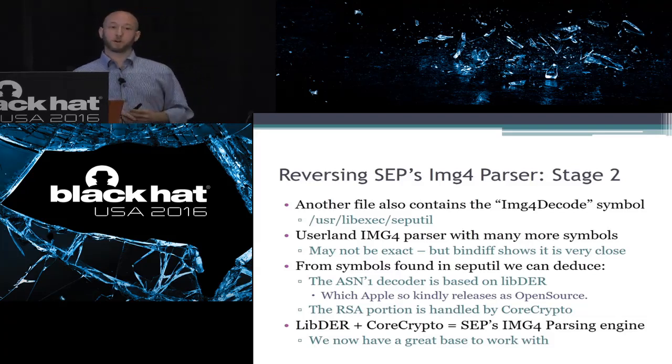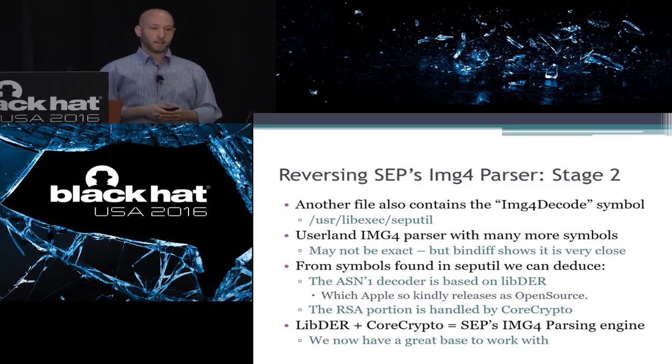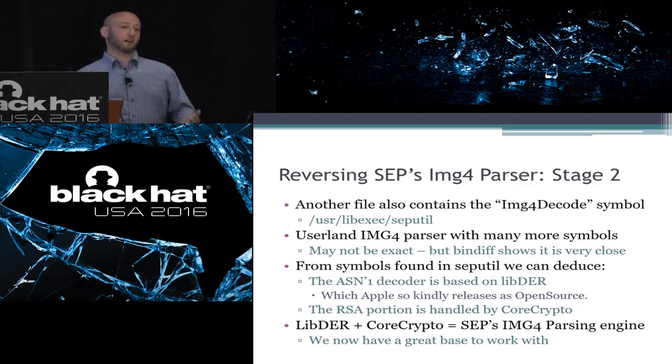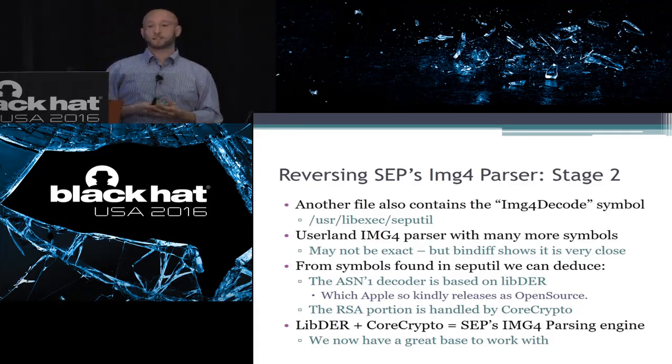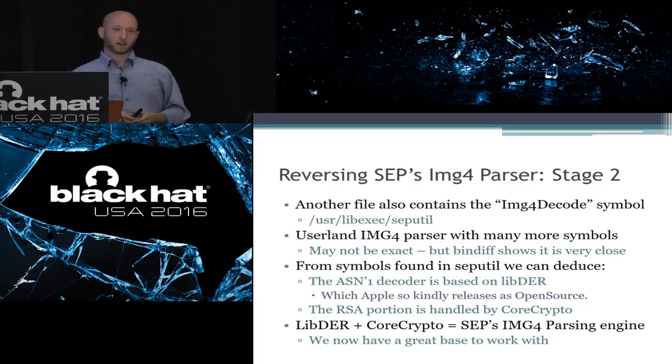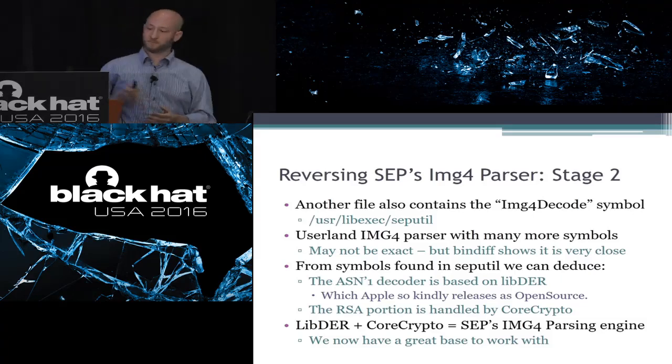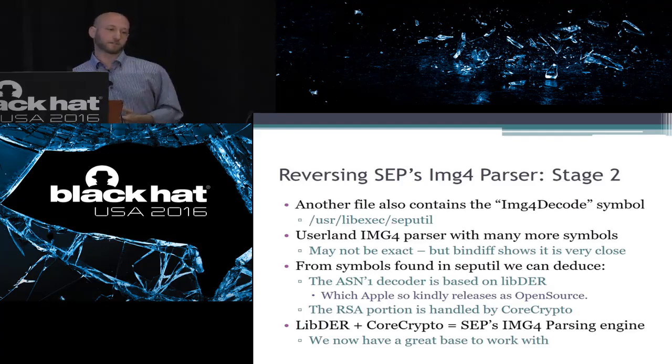So we got a bunch of fun information from that. And in addition, the RSA portion, the PKI, is done by Core Crypto, which, while not fully open source, is reviewable. So now we have a pretty good idea of what the actual Image4 parser is doing.